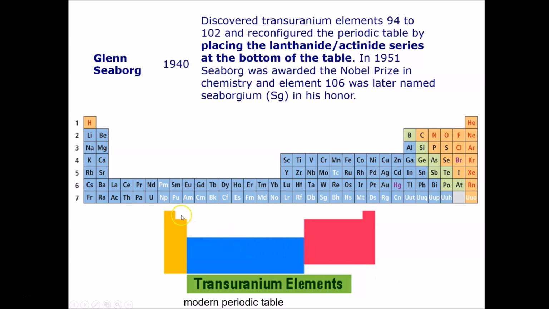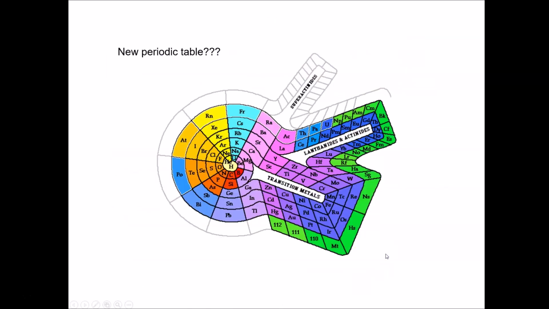And so when we're done, we still have groups. Those are the columns that go up and down. We still have periods. Those are the rows that go across. But this is the shape that our periodic table today takes. Now, it doesn't have to stop there. It's possible that the periodic table in the future could look something like this.